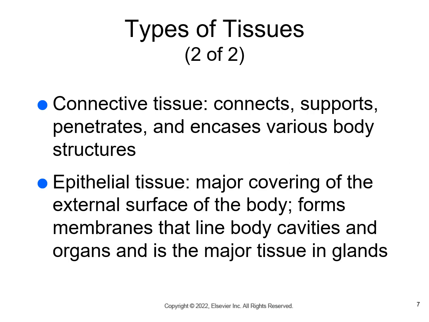Connective tissue functions are to connect such as in structures, to support, penetrate, or encase certain body structures as well. Examples of that would be, for instance, adipose tissue, which is fat tissue, which has an actual positive purpose and positive function in that it helps to protect, it helps to support the areas around the organs and helps to hold the actual shape.